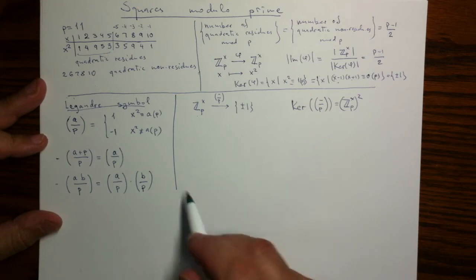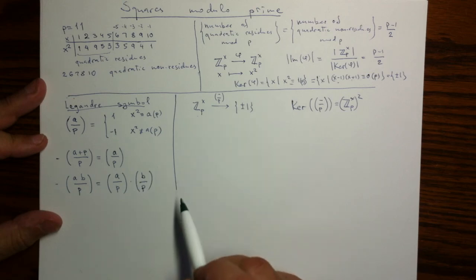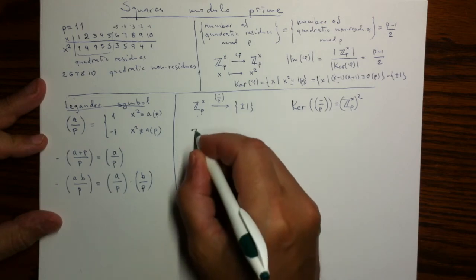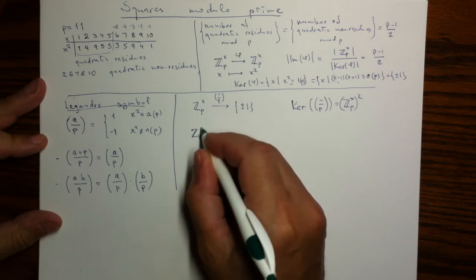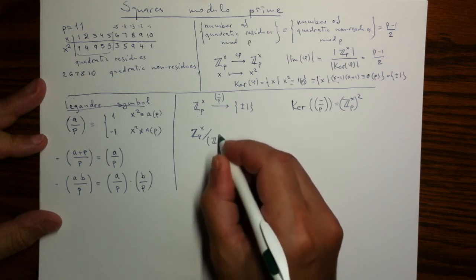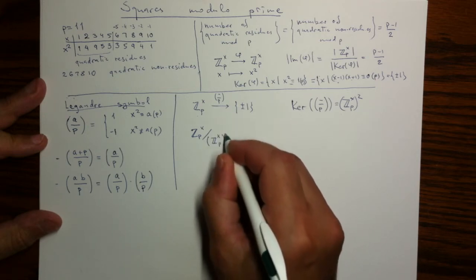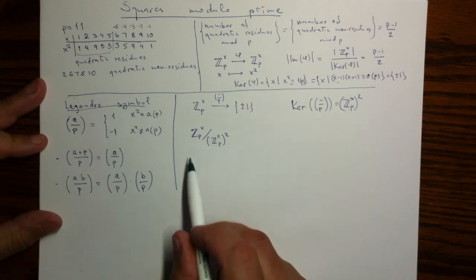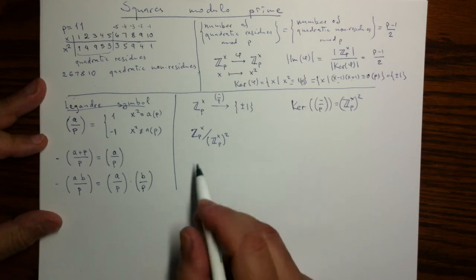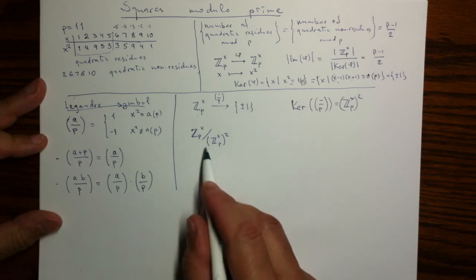And the fact that this is a homomorphism can be deduced from one construction in group theory, the quotient group construction. All we need to do is observe that if we take the group of integers modulo p under multiplication and inside it consider the subgroup of squares, we can form a group structure on the set of cosets, the quotient group, and the quotient group will have two elements.